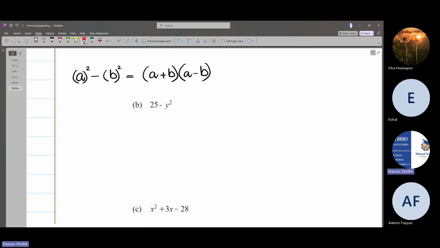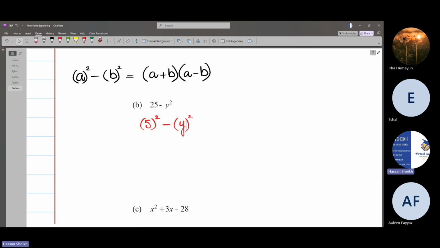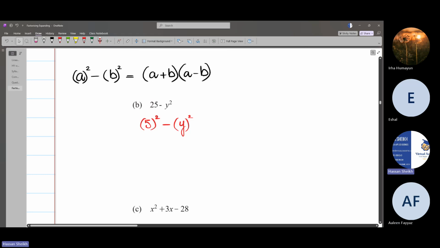Can I write 25 as the square of 5? Yes. Do you agree that 25 is the square of 5? Yes. Okay.